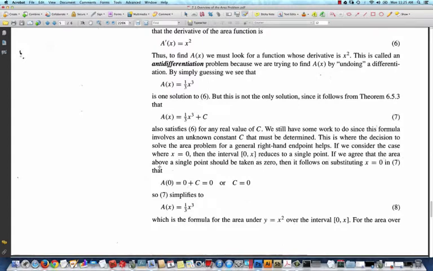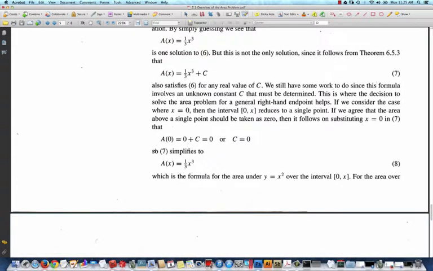If we agree that the area above a single point should be taken as 0, then on substituting x equals 0 in equation 7, a of 0 equals 0 plus c, so the constant is 0. So equation 7 simplifies to a of x equals 1/3 x cubed, which is the formula for the area under y equals x squared over the interval from 0 to x.